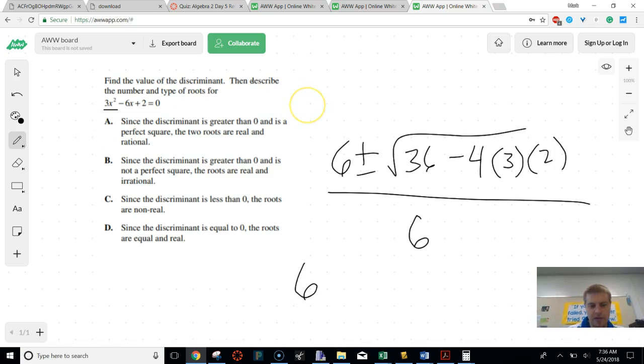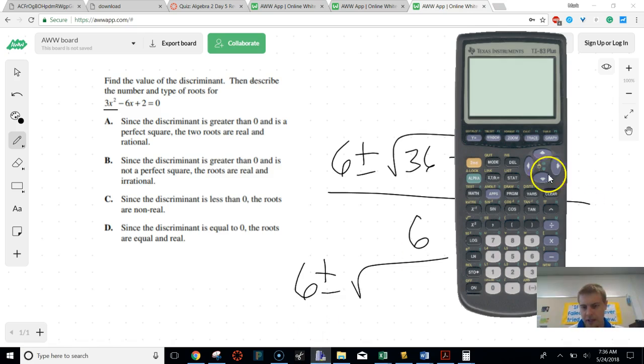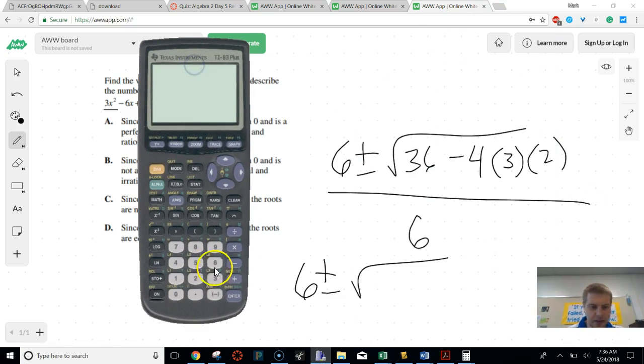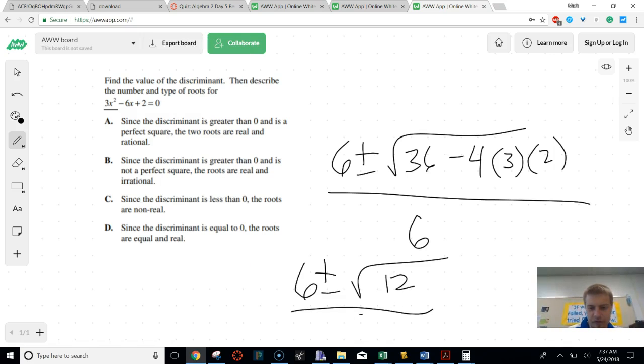Well, now you're going to get 6 plus or minus the square root, and then I don't know what that is, so I'm going to pull out my handy-dandy calculator, and we're going to see what that is, which is 36 minus 4 times 3 times 2, and that's 12 over 6.